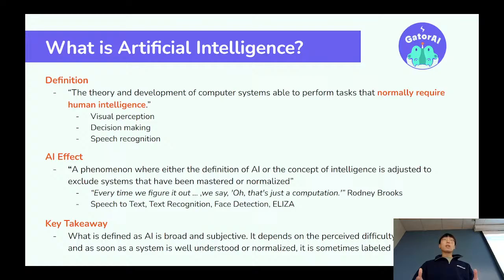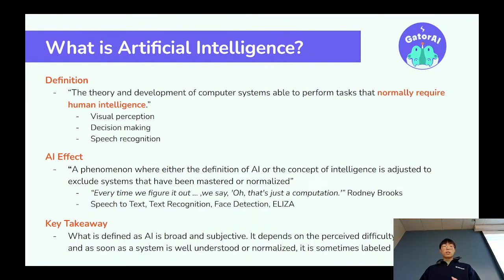What I want you to consider and think about is what are tasks that normally require human intelligence? There's a lot of things that require human intelligence, and some things still require human intelligence, and they're not really considered to be AI anymore. This brings us to the AI effect. It's a phenomenon where the definition of AI, or the concept of what it takes to be intelligent, is adjusted to exclude systems that have been normalized.